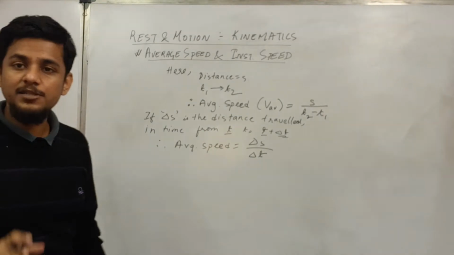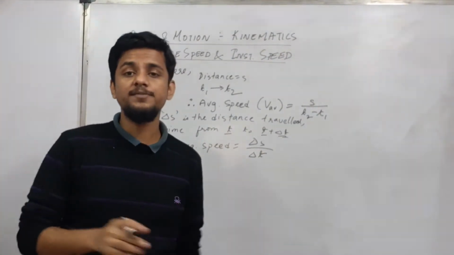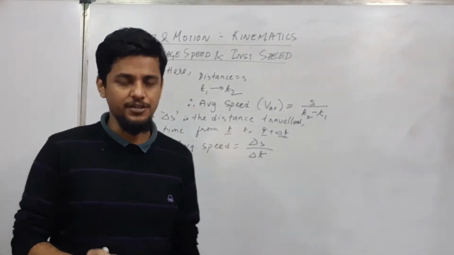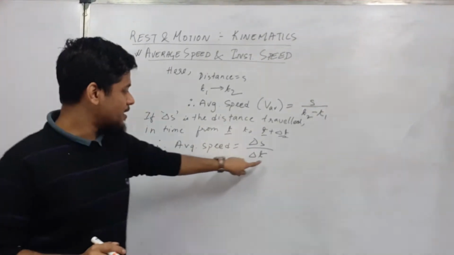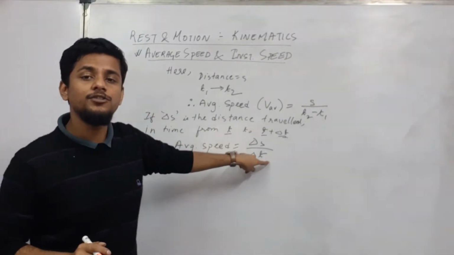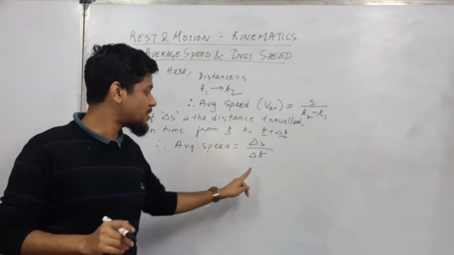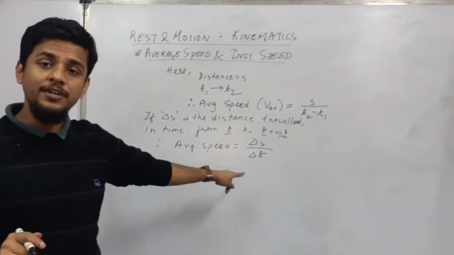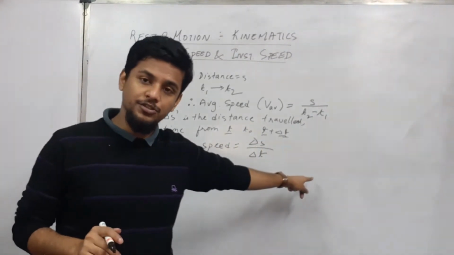So now for instantaneous speed, what do we need to do? Instantaneous speed is basically the speed at that very point or that very instant. So for instantaneous speed, our delta t will tend to be a very small number. It will ultimately tend to 0. Delta t will tend to 0, and as delta t tends to 0, delta s will also tend to 0.